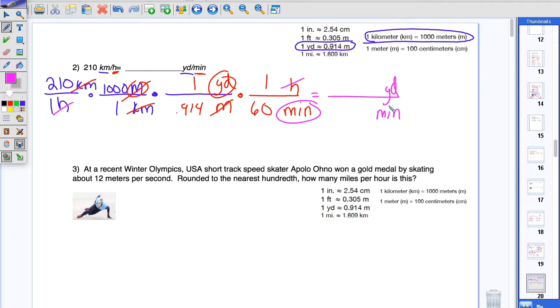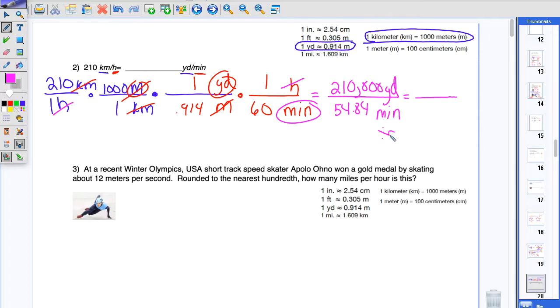Multiply going across, so 210 times 1,000 times 1 to give us 210,000 over 0.914 times 60 to give us 54.84.